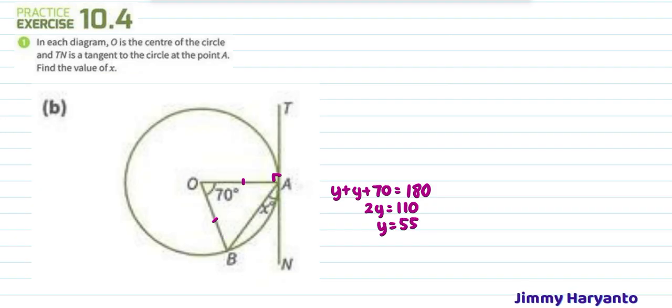So this one is 55, and that one also 55. And that means to find the x, you only have to subtract 90 minus 55 equals 35. So x equals 35.